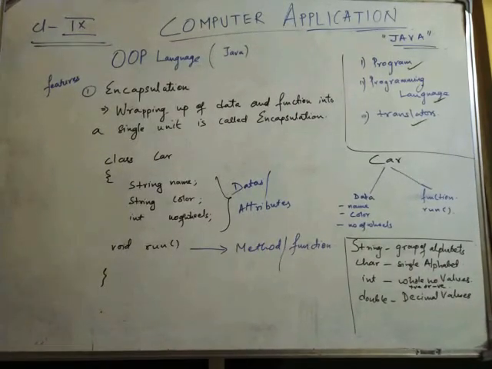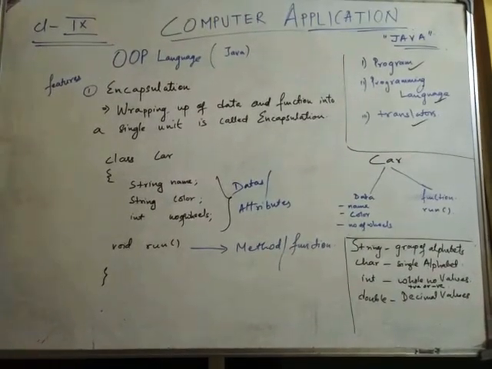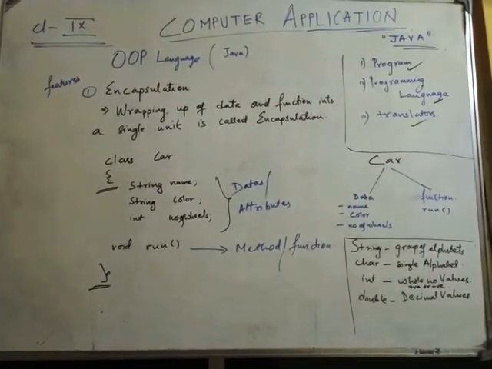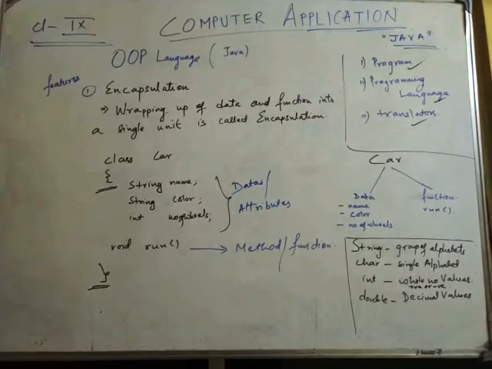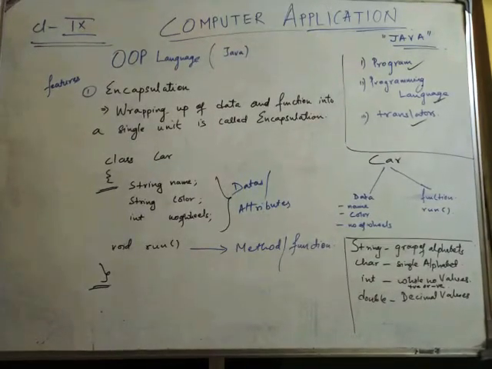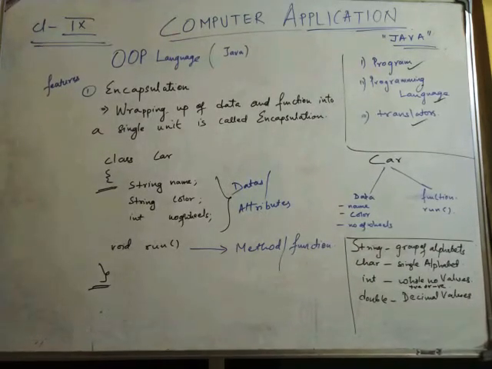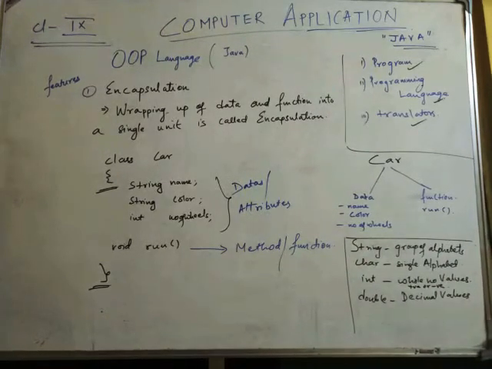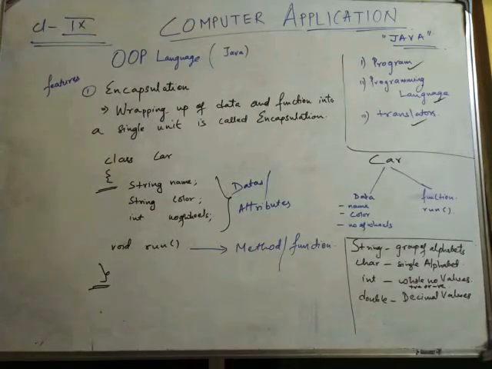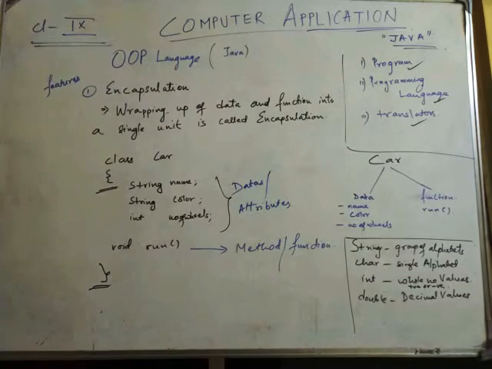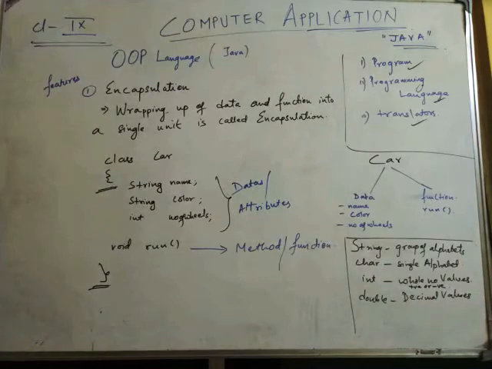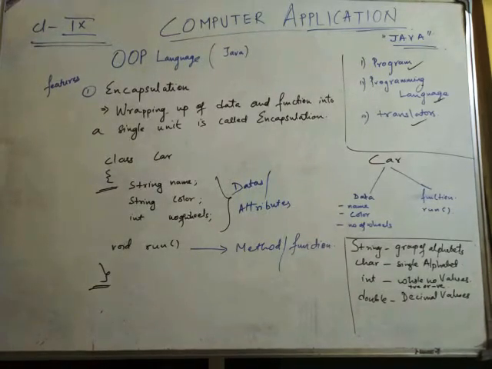In class car, we start with a curly brace, and at the end, after void run, there is a closing curly brace. The opening brace and the closing brace after void run denote it as a single unit, which wraps your data and methods or functions. Data is also called attributes, and function is also called method. So encapsulation is wrapping up of data and function into a single unit.